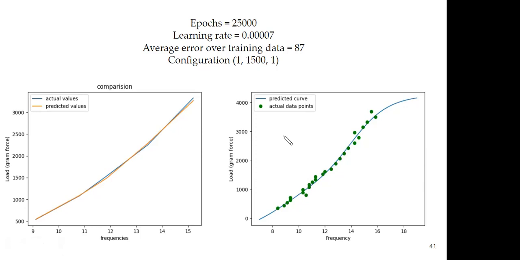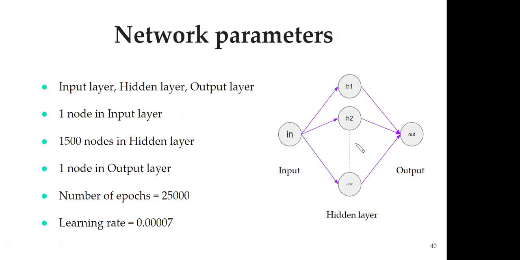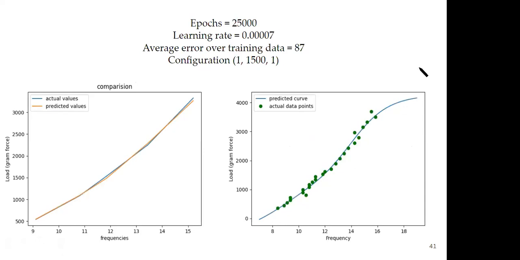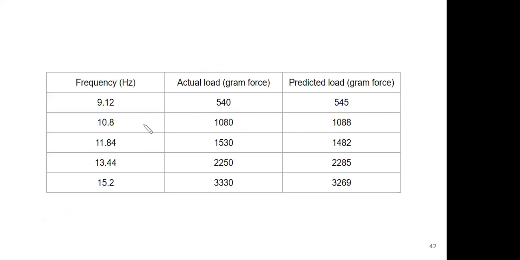Now this whole neural network can be thought of as a function because we're only giving one input and getting one output. So I decided to plot that function. This is the curve that I'm getting, where green points are data points collected from the experiment. These are the predictions that the neural network is giving. For this frequency, this is the actual load, while the predicted load is this one.